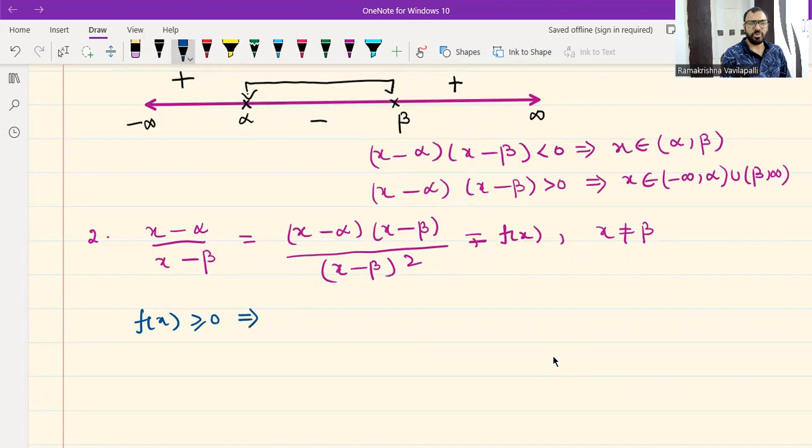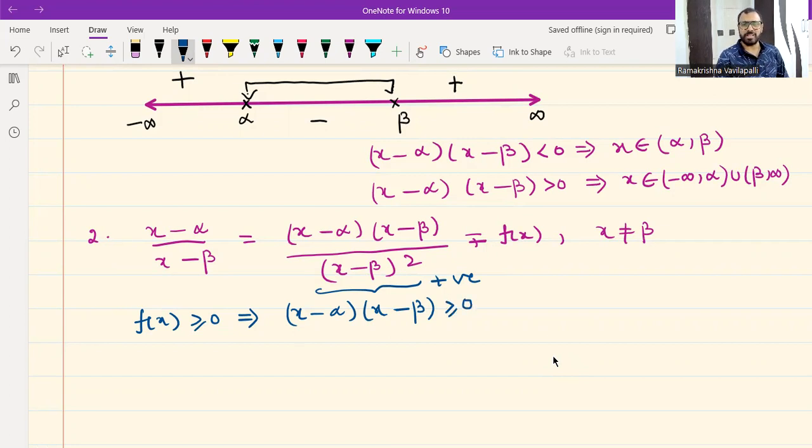Well, so x minus alpha into x minus beta, right? See, this denominator is already positive. We want f of x greater than or equal to 0. Then the numerator also must be greater than or equal to 0.